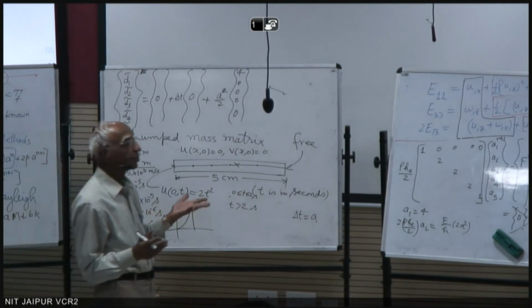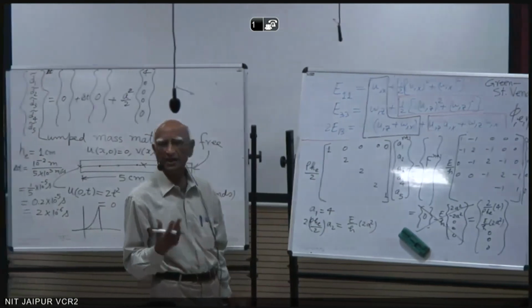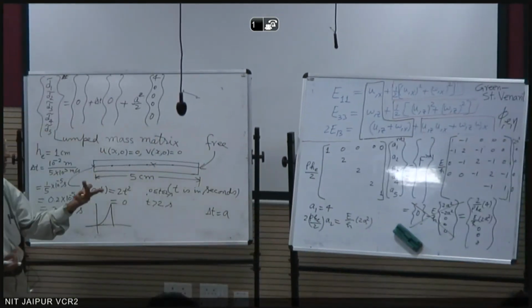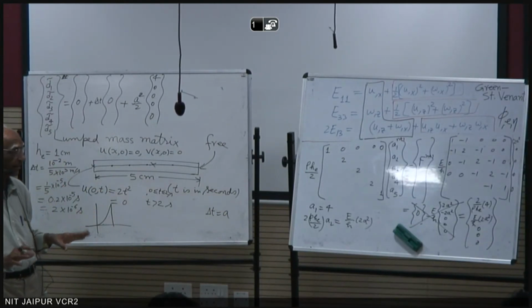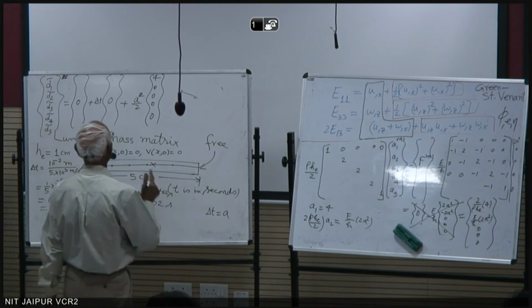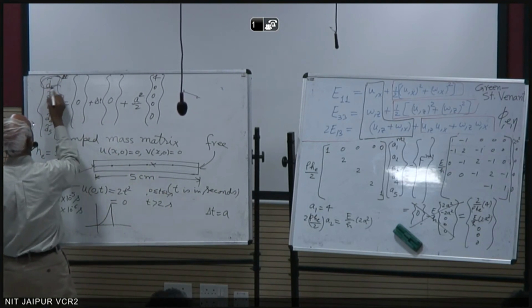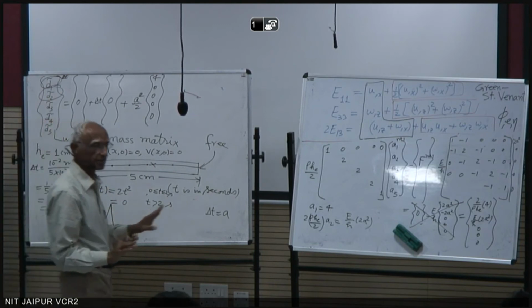So you will have numerical values because you have the values of E, you have the values of h, the element size, you have this A, delta T times step size. So what you get after the first time step is that this quantity is not 0. You have found A's, you have not found D's, you have found A's.